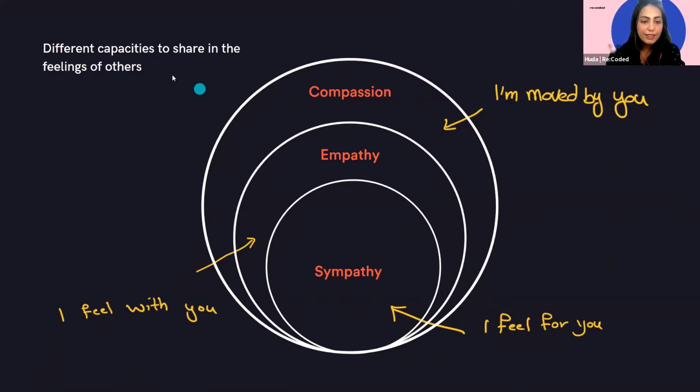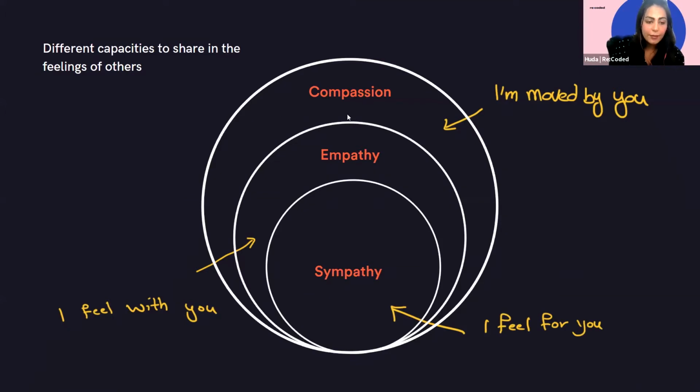If you want to do something else, which is called empathy, we can say something like, I feel with you. If you know that somebody is going through something, but at the same time you share with them the same emotions, what you are doing here is called empathy.